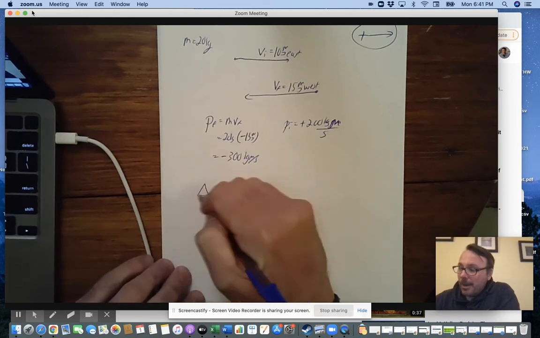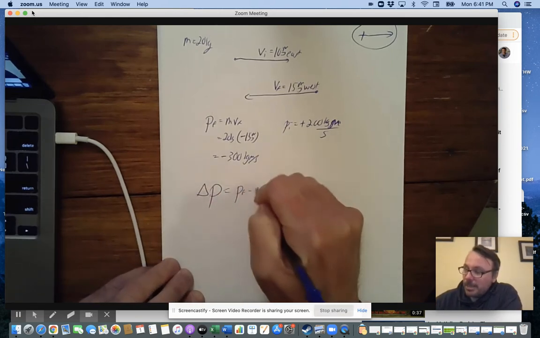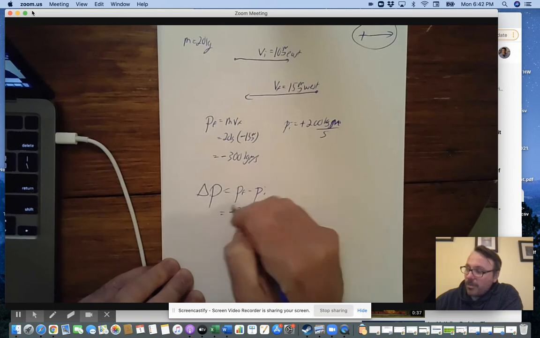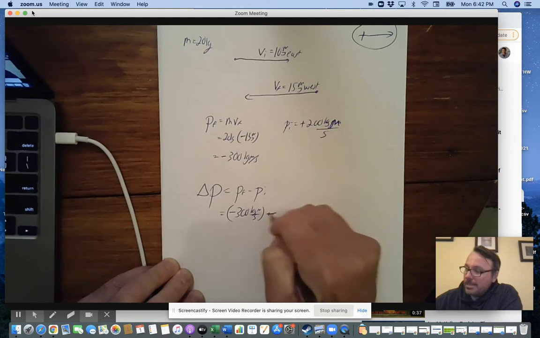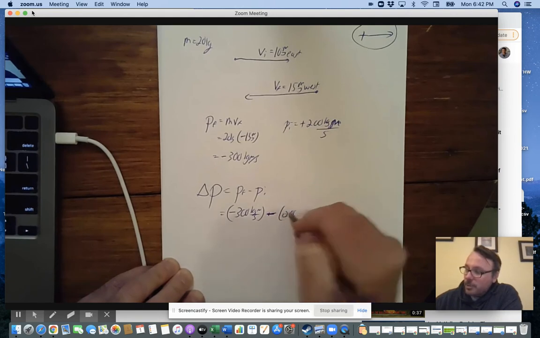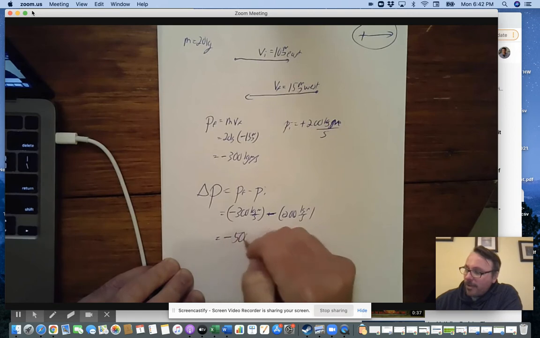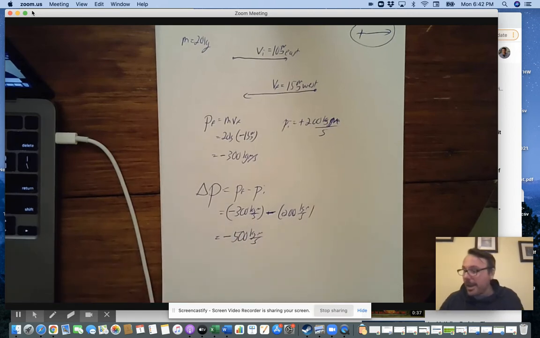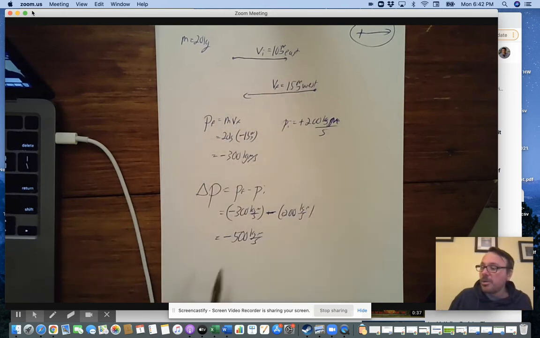So what does that mean about our impulse? Well, our impulse then is going to be P final minus P initial, and it's negative 300 kilogram meter per second minus a positive 200 kilogram meter per second, or negative 500 kilogram meter per second. So if you think about that now, the impulse imparted upon this object was greater than it was before.